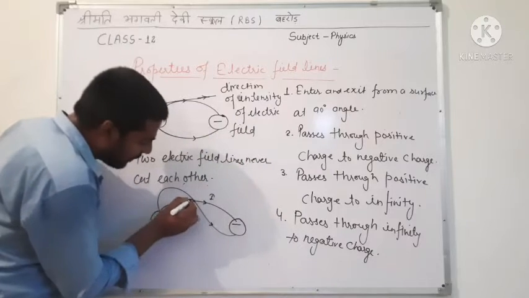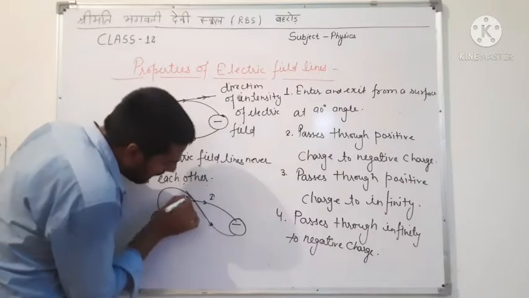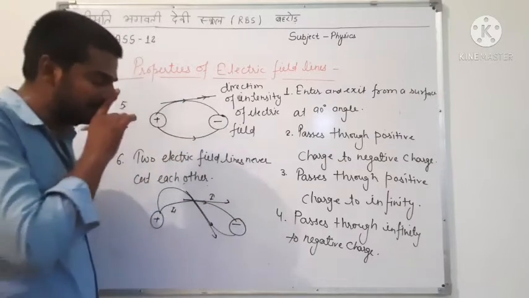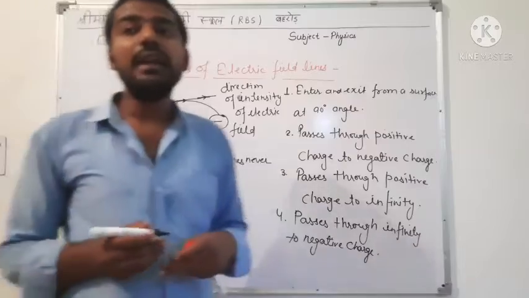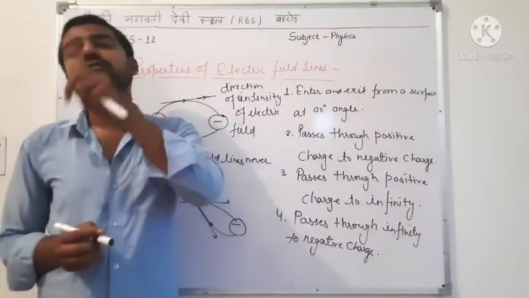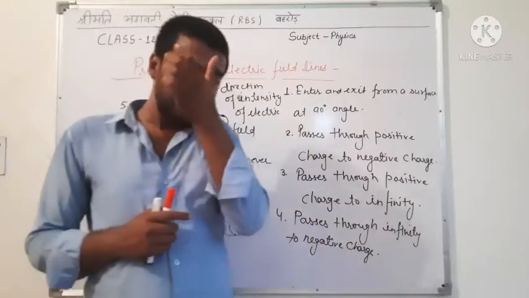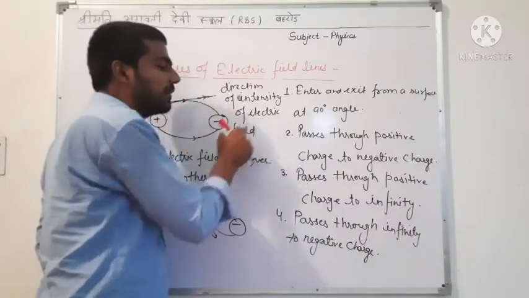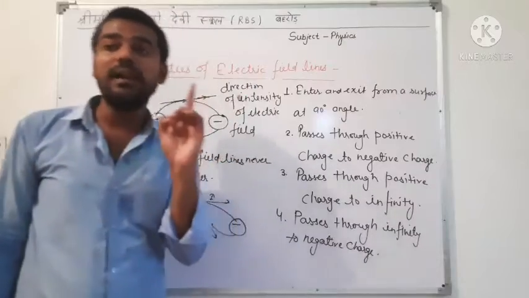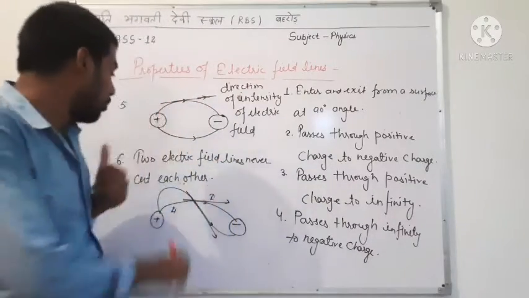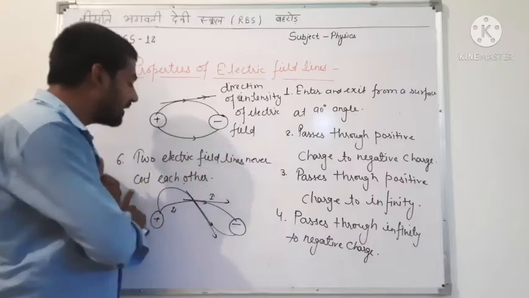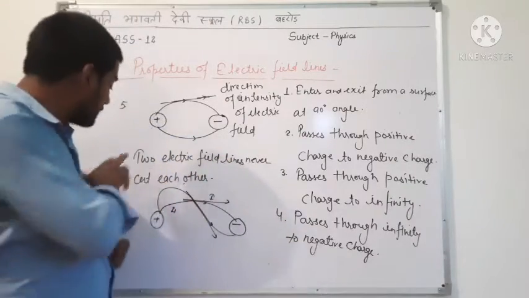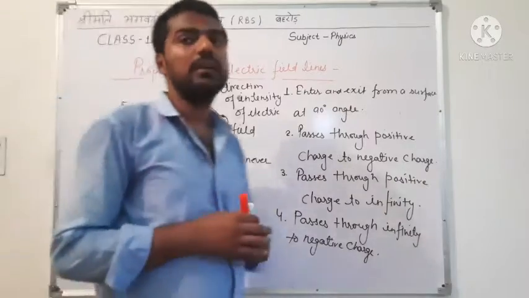Here at this cutting point we draw a tangential line, and then another tangential line, which means at the cutting point we have more than one tangential line, representing more than one direction of intensity of electric field, which is not possible. So two electric field lines never cut each other. This is the sixth property of electric field lines.